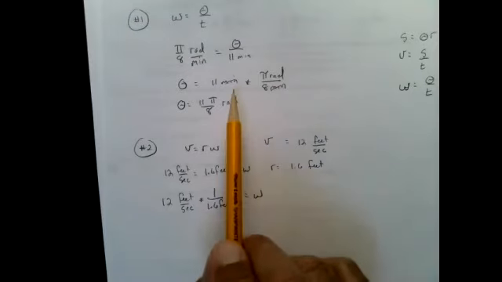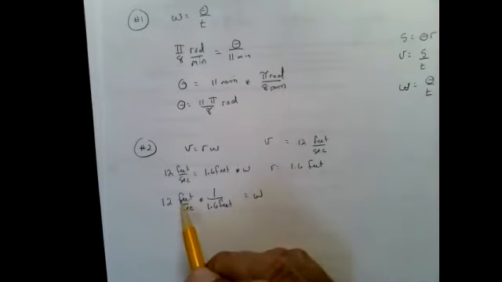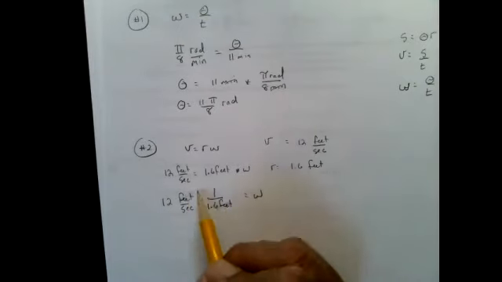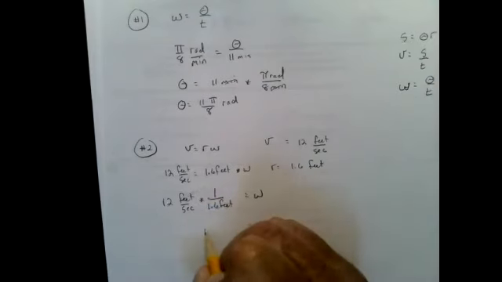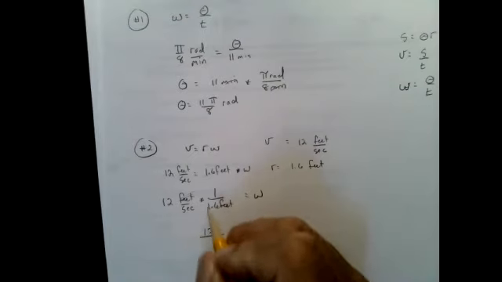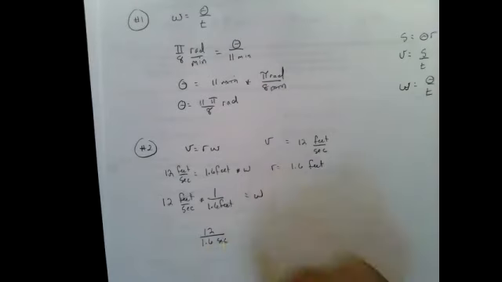Just like I canceled minutes up here, I'm going to cancel feet here. There goes a foot, there goes a foot. So it looks like I'm left with 12 over 1.6 seconds.